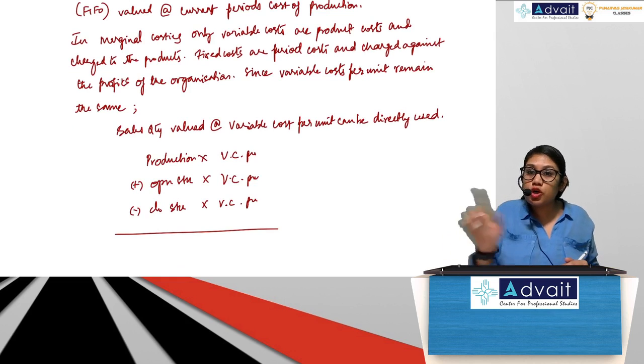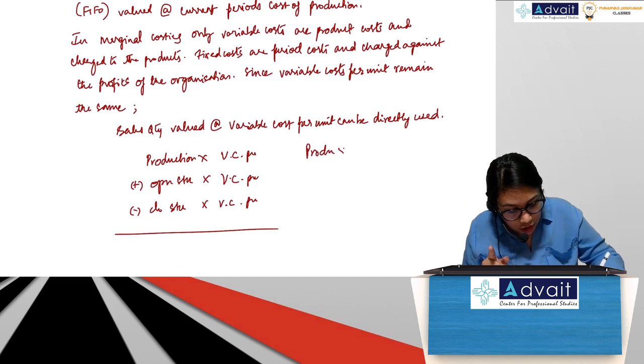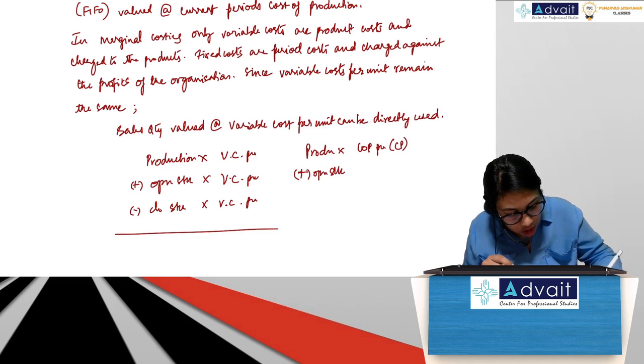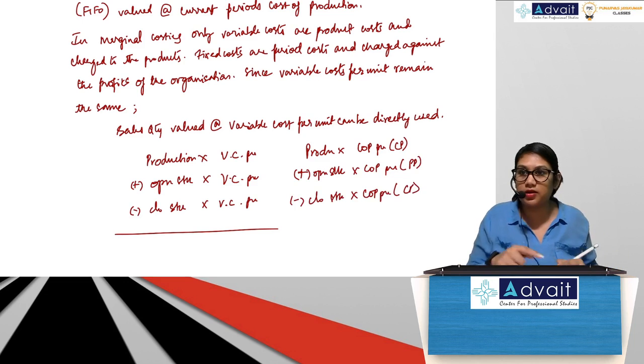But in absorption costing, it's not the same. In absorption costing, what am I doing? Production into cost of production per unit, this is current period, plus opening stock into cost of production per unit of the previous period, minus closing stock into cost of production per unit of the current period. This is what I'm doing.